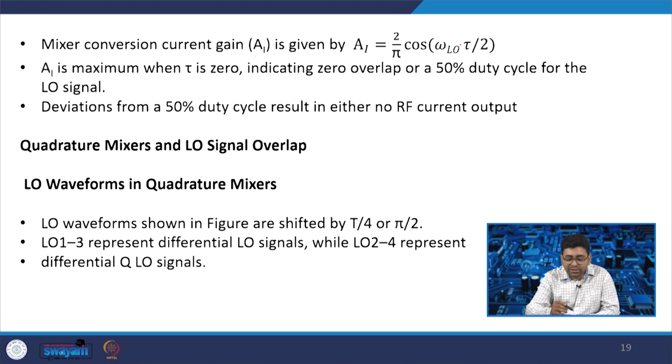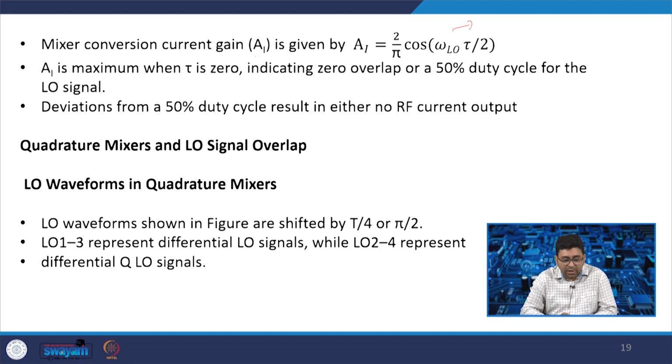So now the conversion gain depends upon the duty cycle, meaning tau, how much overlap there is. If there is no overlap, this term is eliminated, considering tau equal to 0. But if there is an overlap, your conversion gain will reduce.